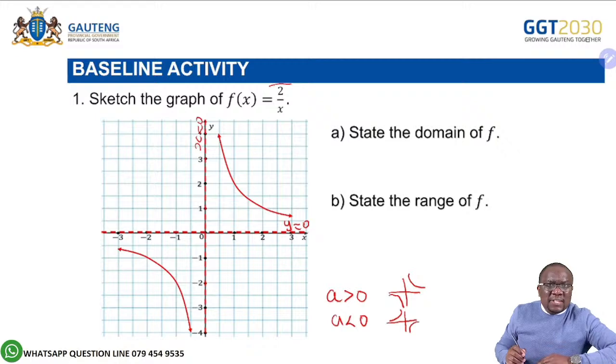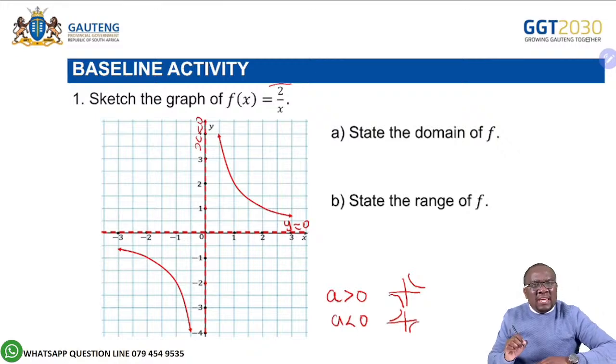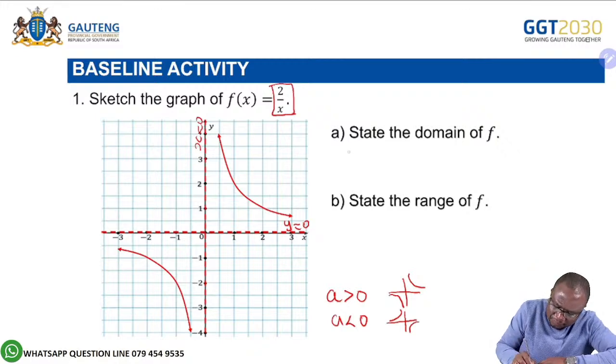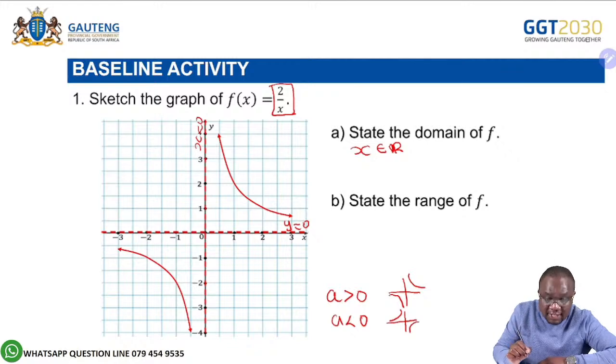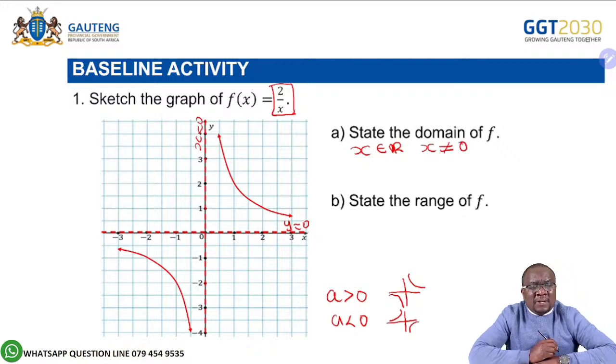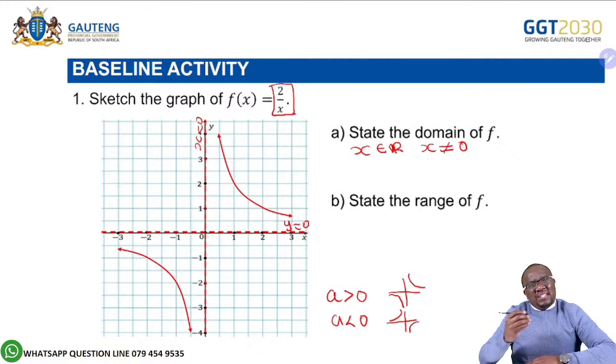So how do we write that? Domain is the x values. So we're saying x is an element of real numbers, but, very important, x cannot be equal to 0. You can write it like that, or there are different formats, but I'm going to use 2 formats for now.